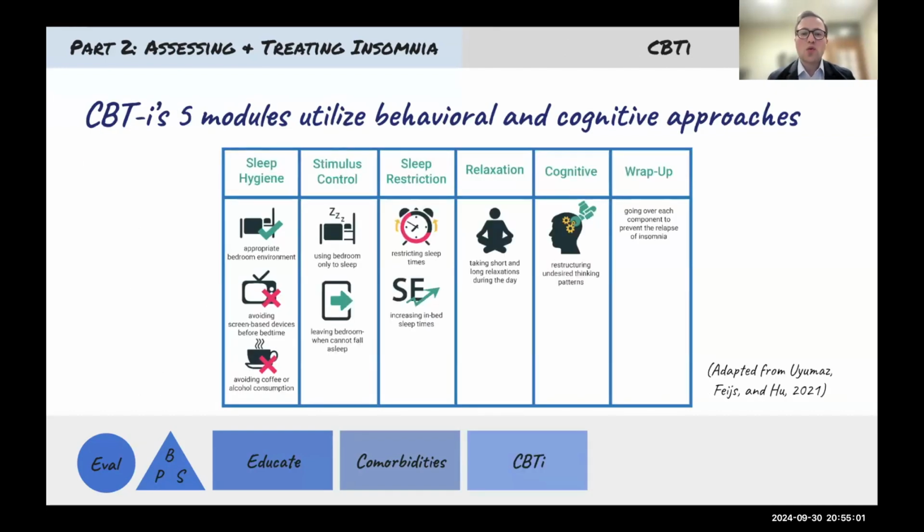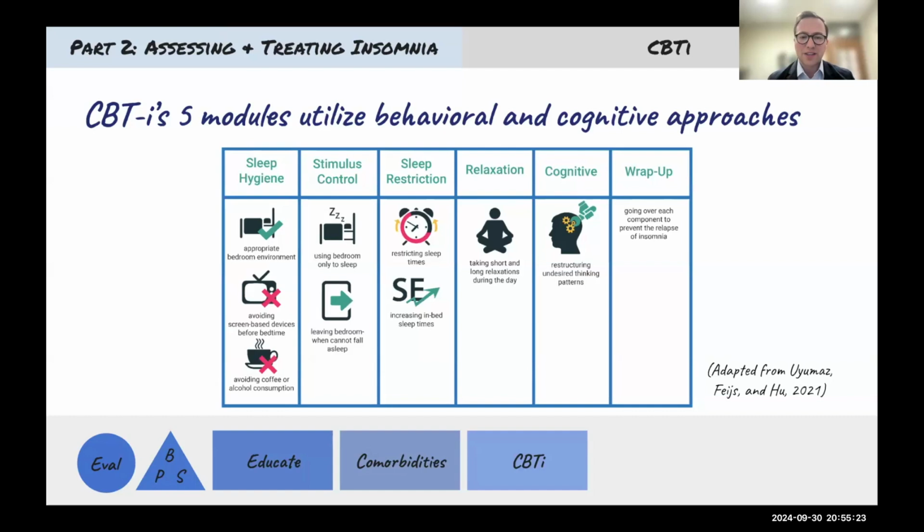And so when it comes to treatment, the strongest evidence base is for a treatment called CBTI, that stands for Cognitive Behavioral Therapy for Insomnia. And CBTI is a short-term information and skills-based therapy, including 5 modules that are extremely helpful for treating insomnia.